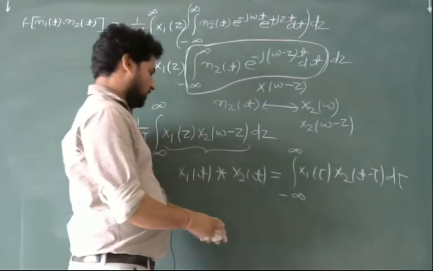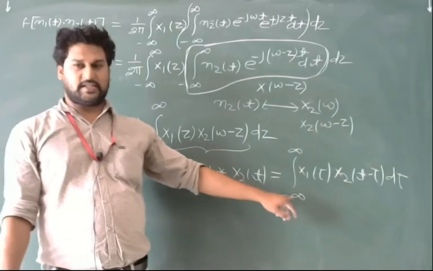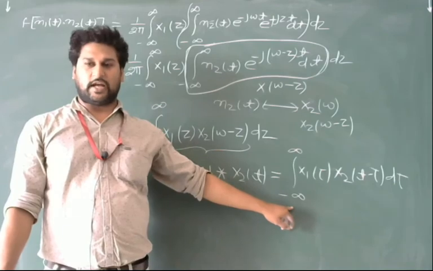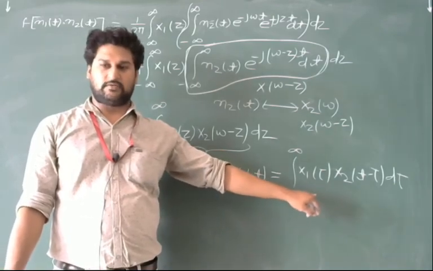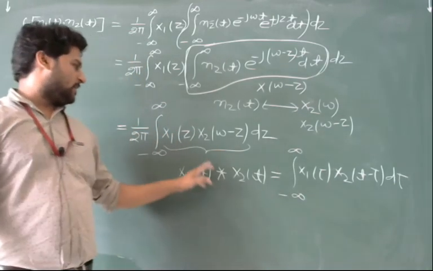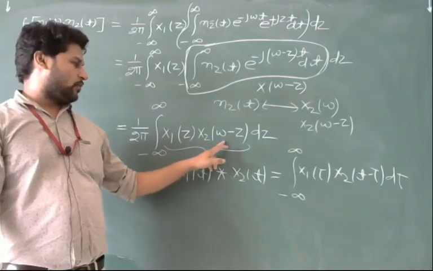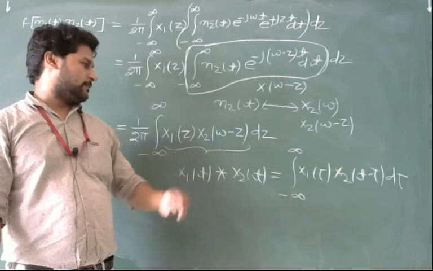This is what the convolution theorem states. Here in place of tau the variable is z: X1(z) X2(omega minus z) dz.